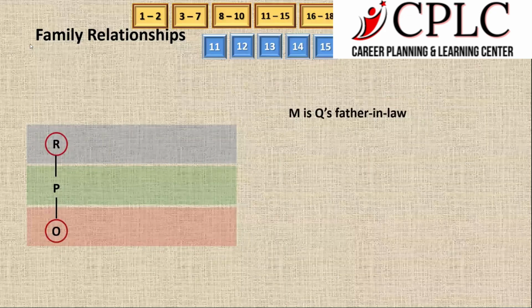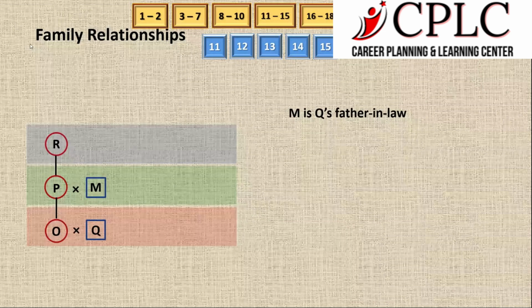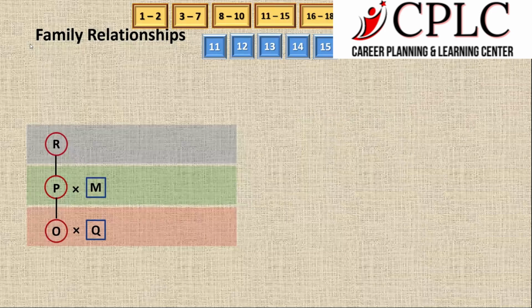Now, we can take 2 possibilities over here. First possibility is M is married to P and they have a daughter O, and O is married to Q. Hence, we can say that M is Q's father-in-law. Second possibility is M is married to R, they have a child P, and P's spouse is Q. So we are following the condition.